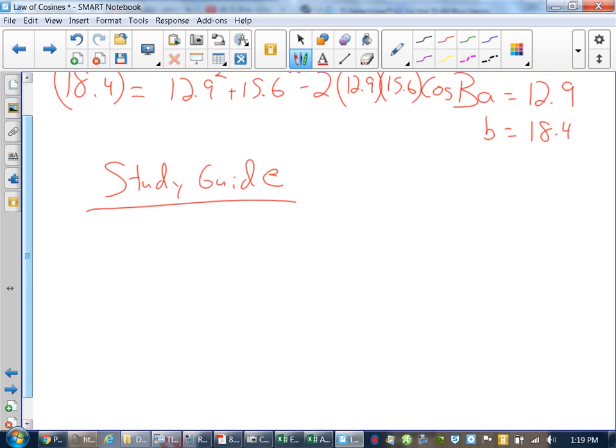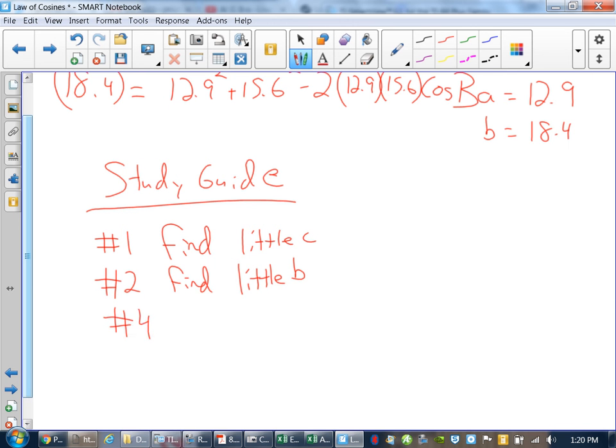I want you to do number one. Find little c. We're not solving the whole triangles here. We're just going to use the law of cosines once for 4 different problems. Number 2, find little b. Number 4, find angle c.